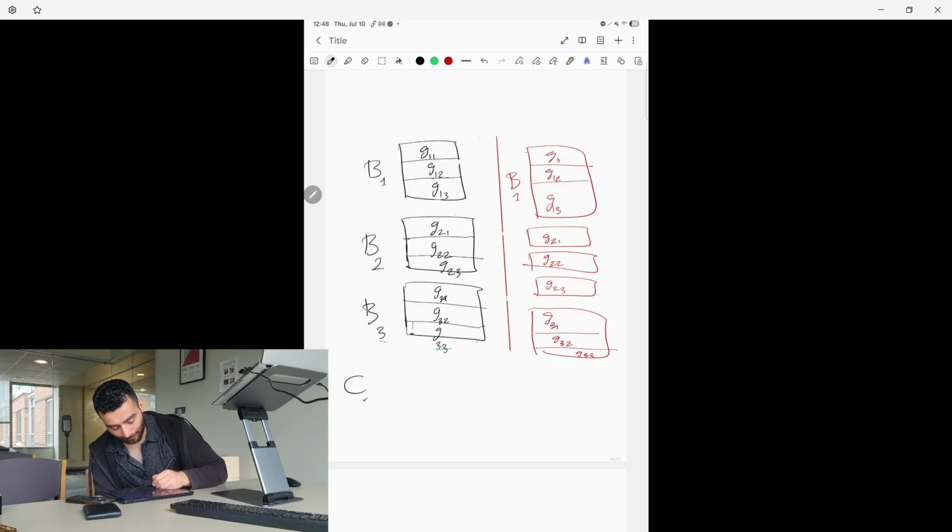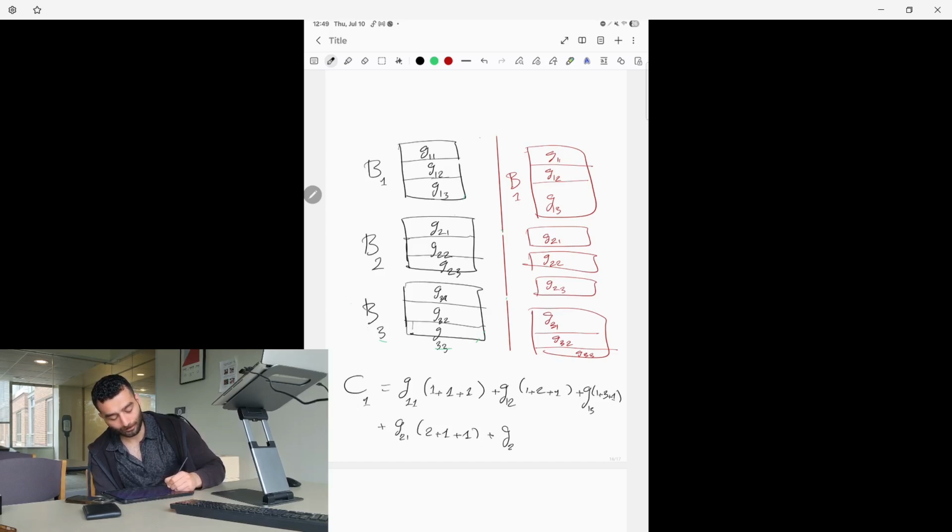So C1 will be G1 1 plus 1 plus 1 plus G1 2 1 plus 2 plus 1, G1 3 1 plus 3 plus 1, plus G2 1 2 plus 1 plus 1, G2 2 2 plus 2 plus 1.